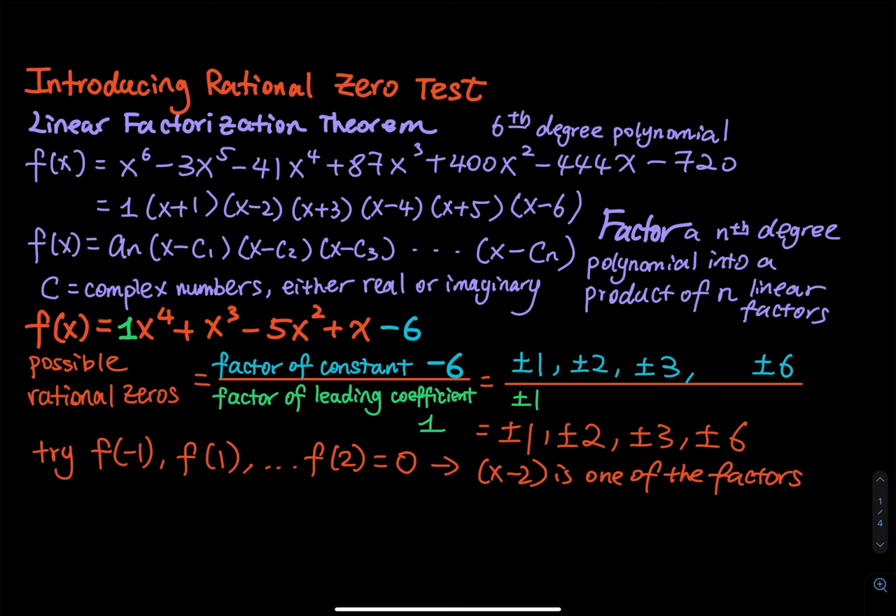Okay, we have a few things to talk about in here. So f of 2 is equal to 0 and here is your first question mark. Hey, on the test, I don't have much time. So what if I have to try like 8 numbers to reach the first 0? Yes, you will have to do that in theory, but in my class when I create an exam problem based on the rational zero test, I will just provide maybe 3 numbers.